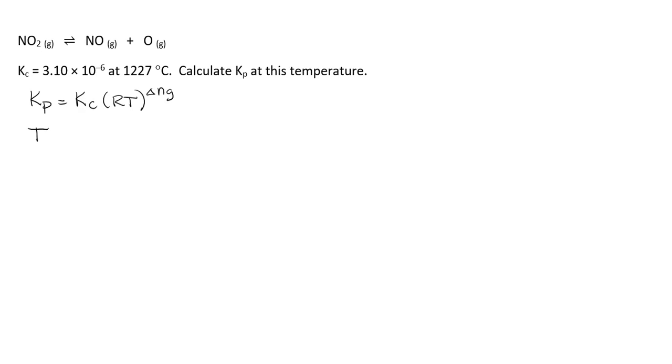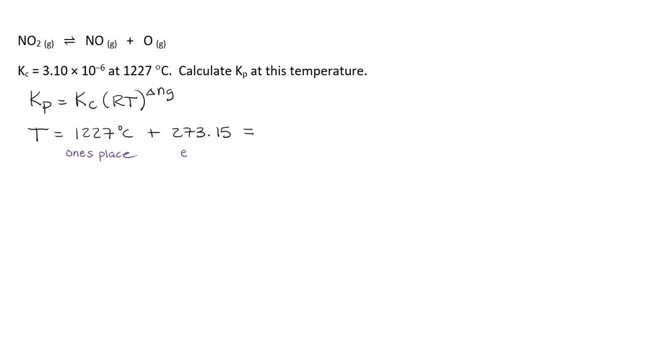Calculating the temperature in Kelvin, I have my degrees Celsius, 1227 plus 273.15. This is an addition, and so I need to keep track of the decimal places for my sig figs. 1227 has sig figs at the ones place.